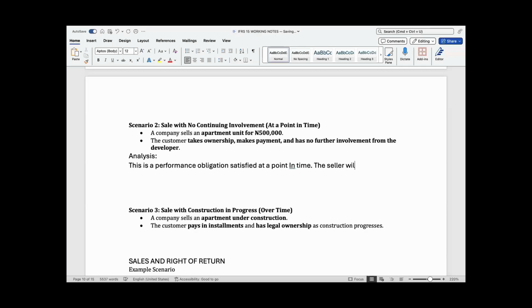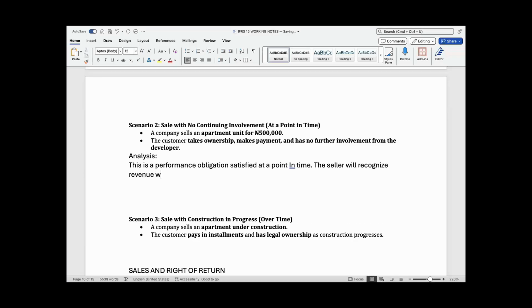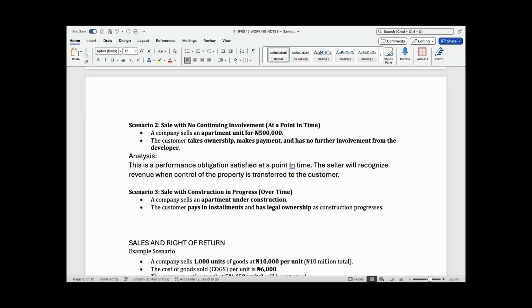So the seller will recognize revenue when control of the property is transferred to the customer. So as soon as this is determined, go ahead and recognize revenue.